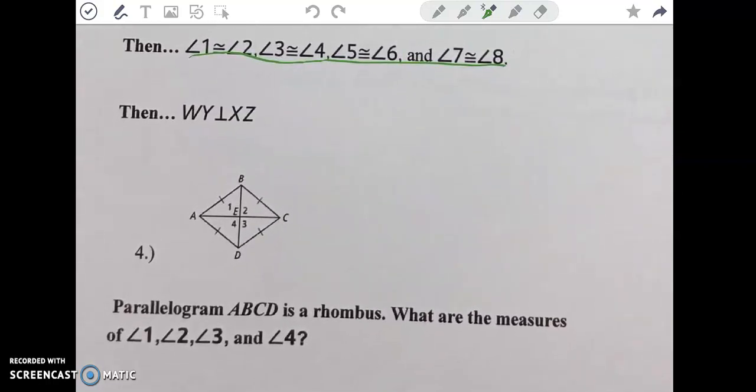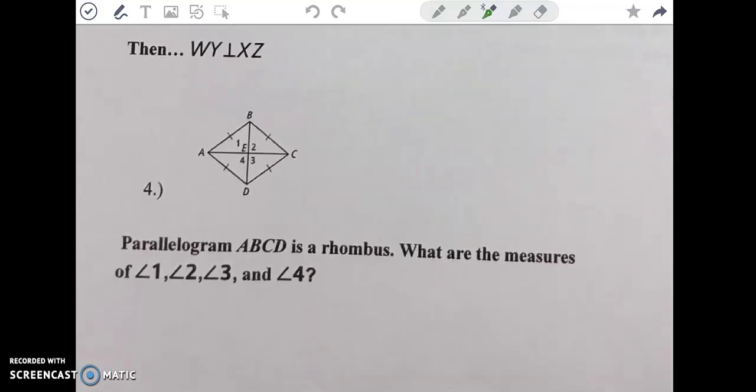Alright, so, on to the next one. It says parallelogram is a rhombus. What are the measures of 1, 2, 3, and 4? So, in this situation, if it's a rhombus, these are perpendicular bisectors here.